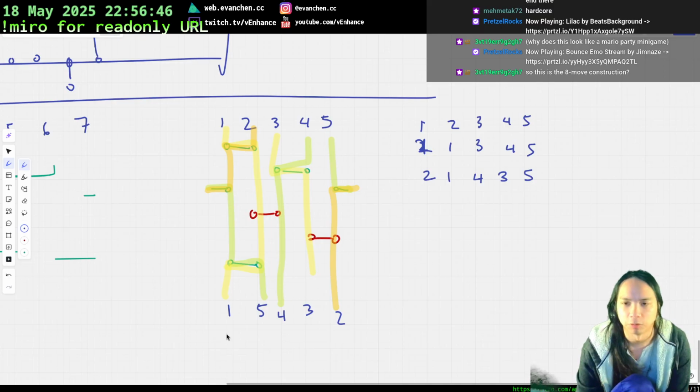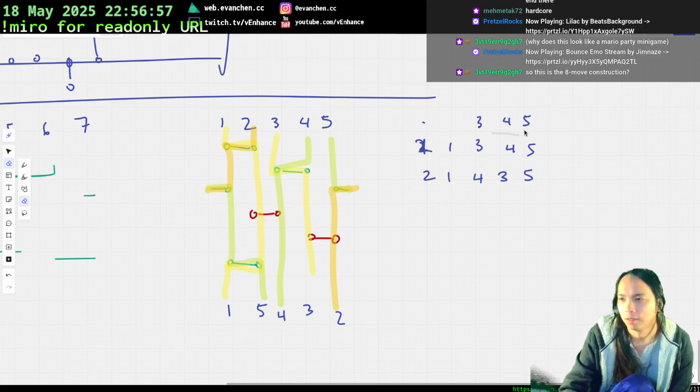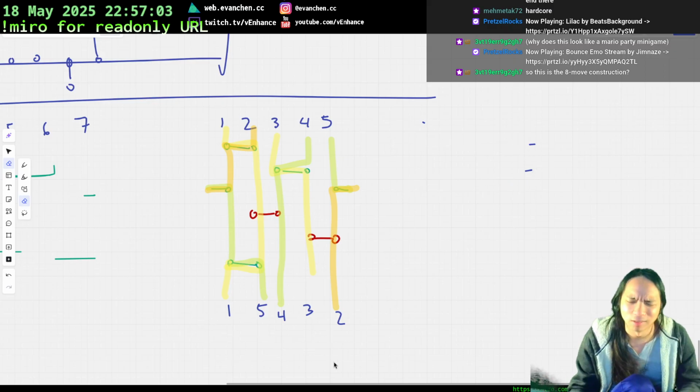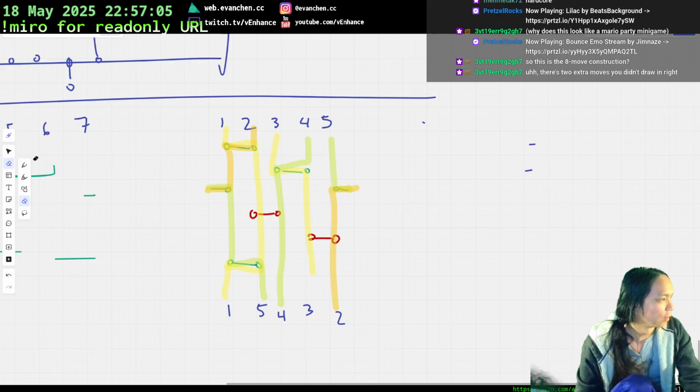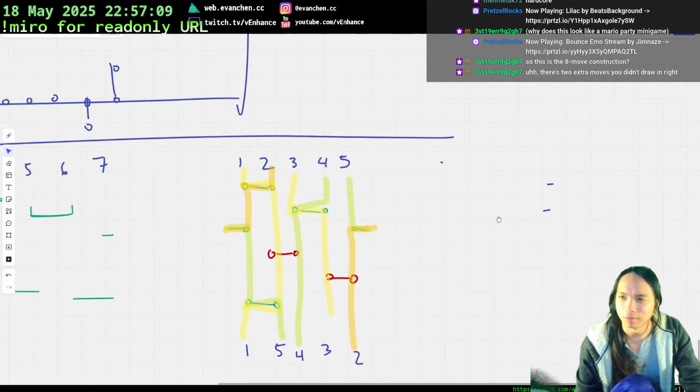This is the 6-move construct, or 6.5 move, or whatever you want to call it. I think, if I didn't screw up. I mean, okay, it is also the 8 move in the sense that we could... Wait, hang on. What? No, what did I do? Wait, hang on.